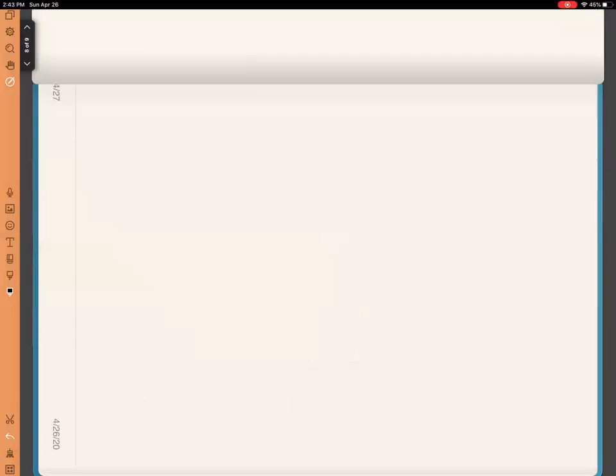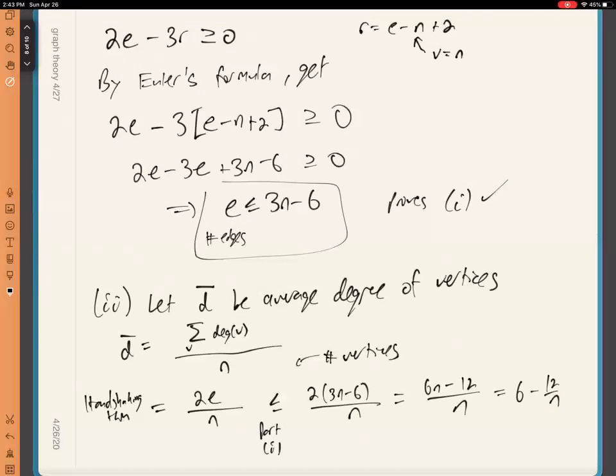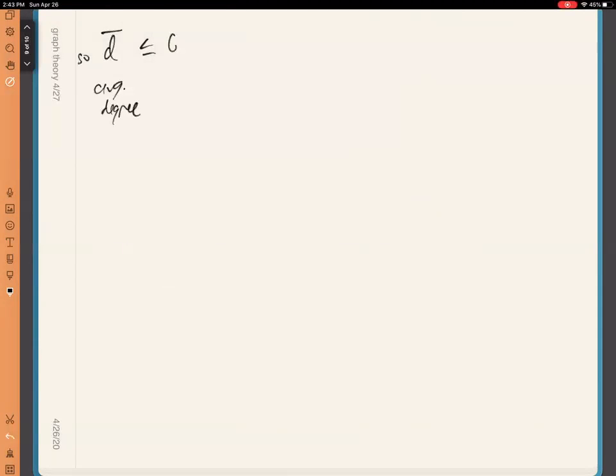And so in particular, the average degree is less than or equal to 6 minus 12 over n, which implies that the average degree is strictly smaller than 6. So with a strict inequality, not just a less than or equal to.